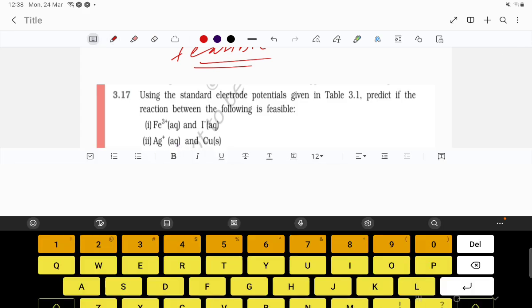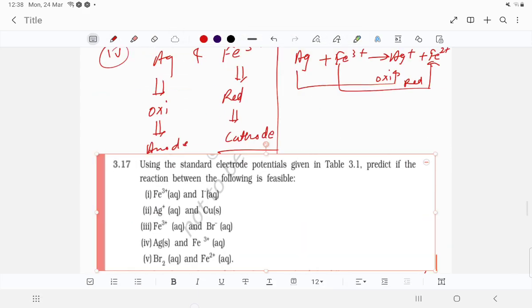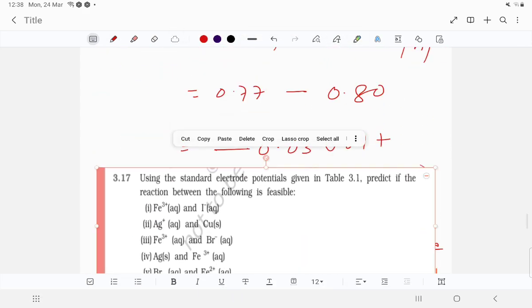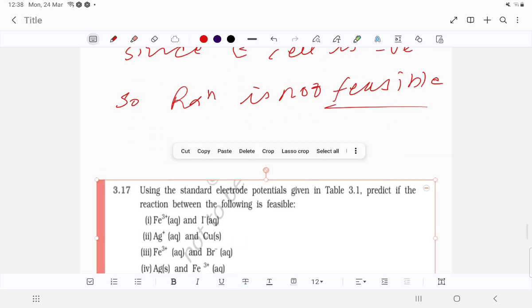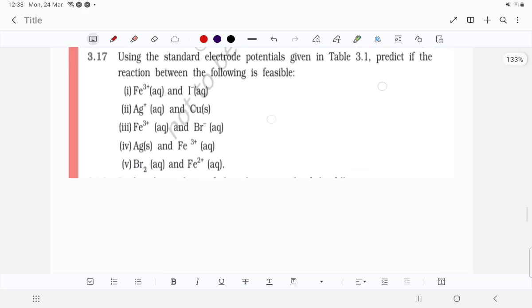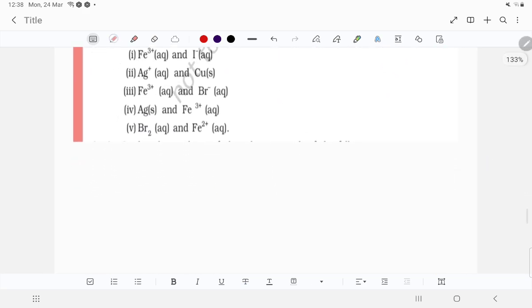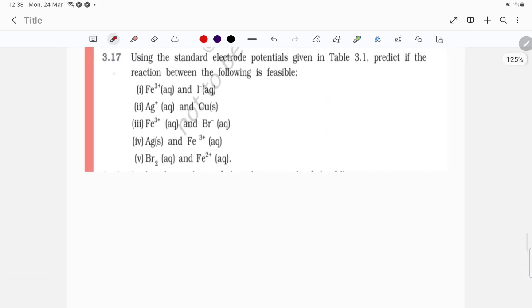Now let us move to the last portion of the question, student. The last portion is 3.17, and this is the fifth one. We are having Br2 and Fe2+.